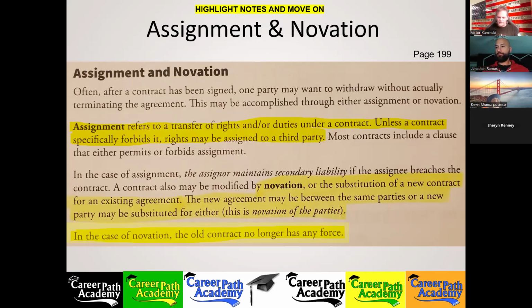And let me just make a little note here to replace this slide. Oh, what's that? That's interesting.